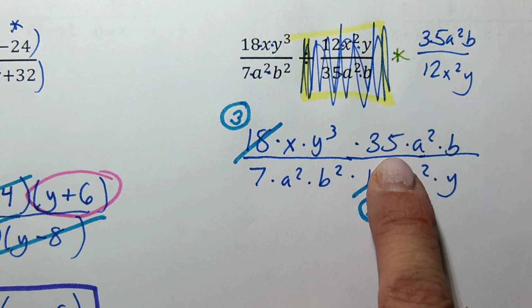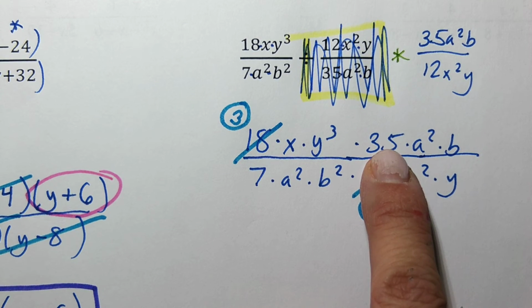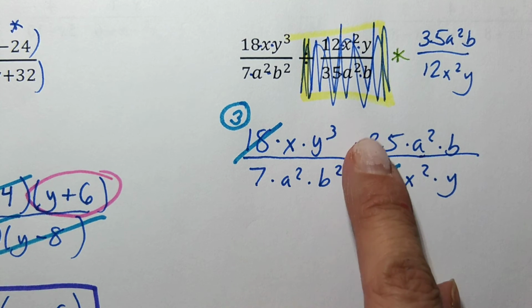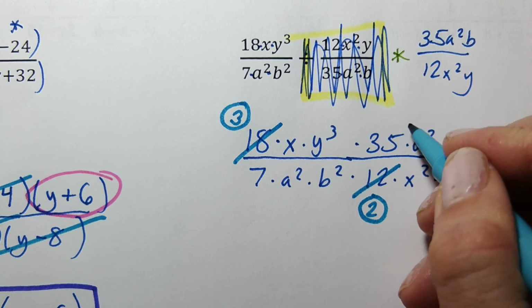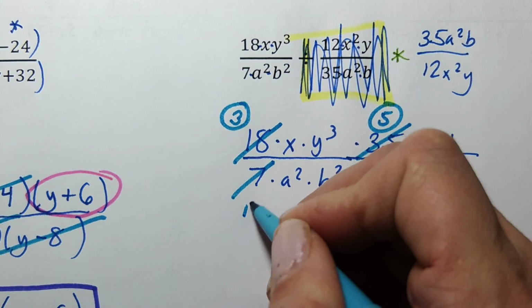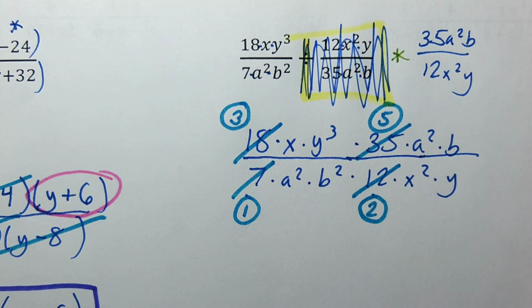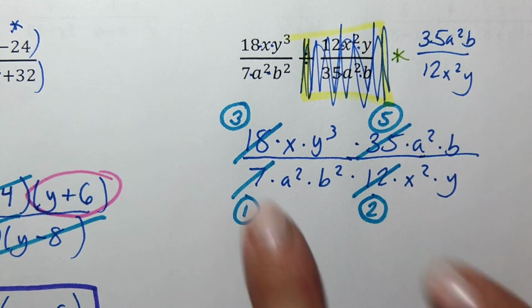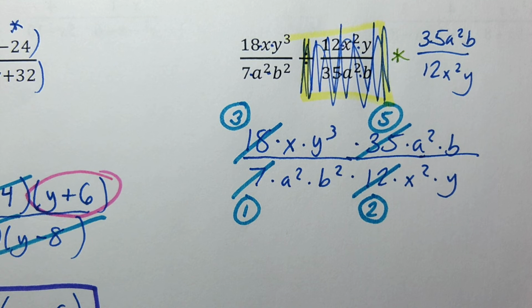What about my 35? Is there anything I can divide out of 35 and 7? A 7, which leaves me with a 5 on the top and a 1 on the bottom. What about any other of my top-bottom pairs? Can I take out any more items?